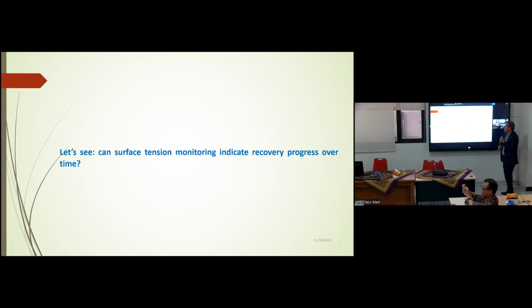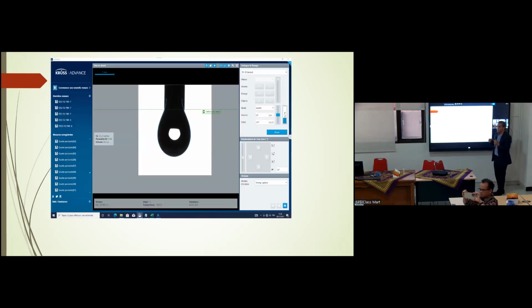Let's see what surface tension indicates. This is the measurement of the surface tension. It is an indication of the presence or not of the surfactant in the solution, because if there is only water, we have 72 millinewton per meter.